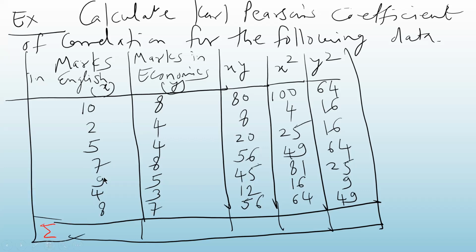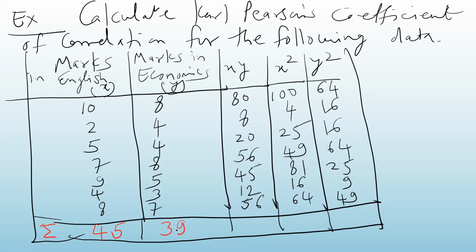So sum of this X column, sum of X values, that is 10 plus 2 plus 5 plus 7 plus 9 plus 4 plus 8. That gives me 45. So summation of X column is 45. What is summation of Y column? 8 plus 4 plus 4 plus 8 plus 5 plus 3 plus 7. It gives me 39.